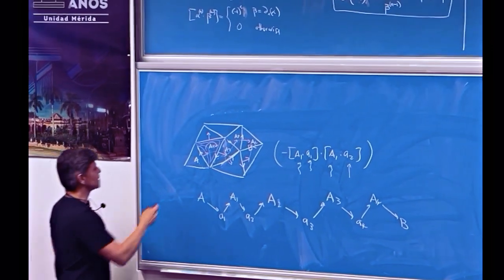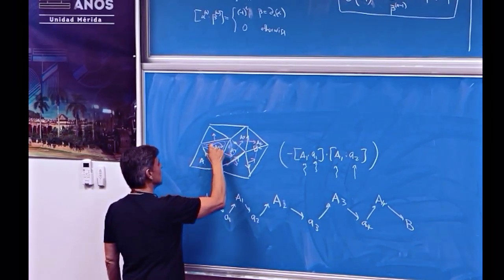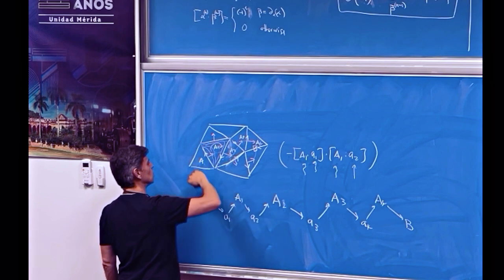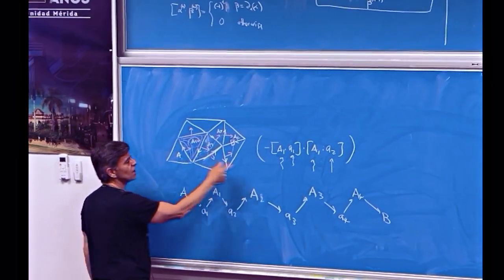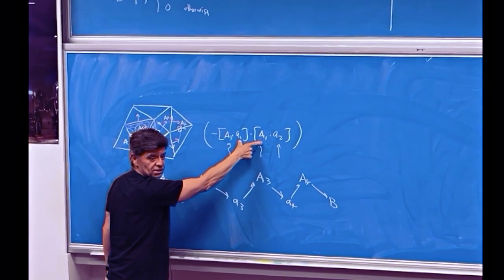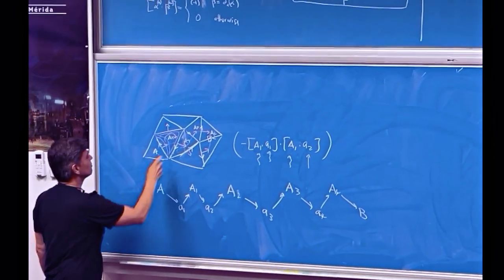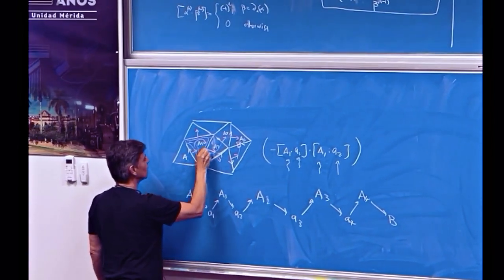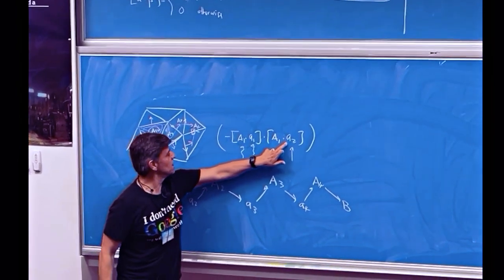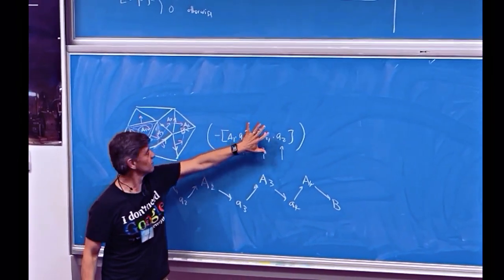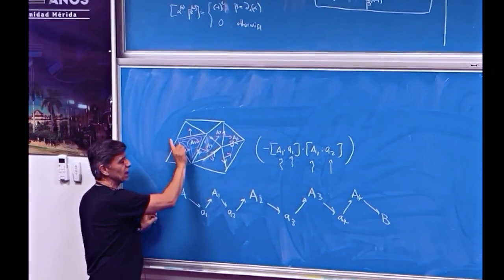For instance, let's change capital A1 the other way around. If I change it, then both incidence numbers will change, and nothing happens. Now, if I only change one of these, it would be a change of signs, and now they are compatible.